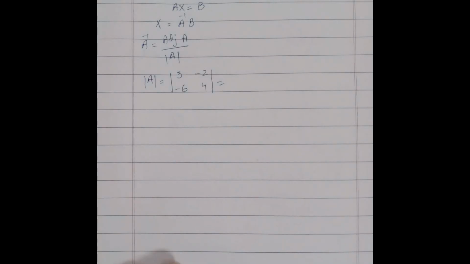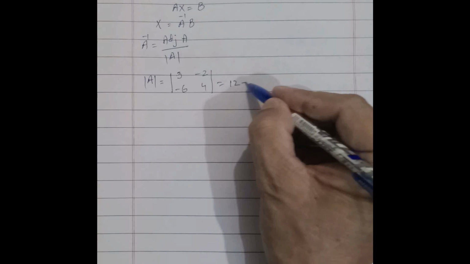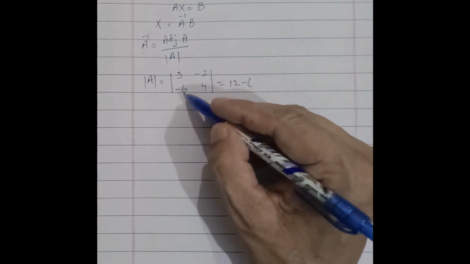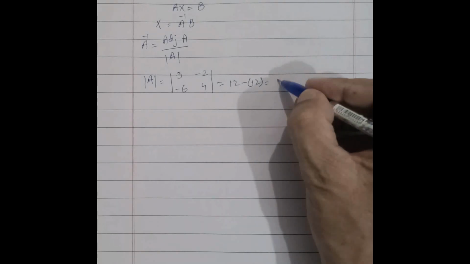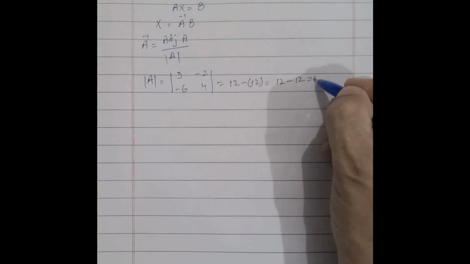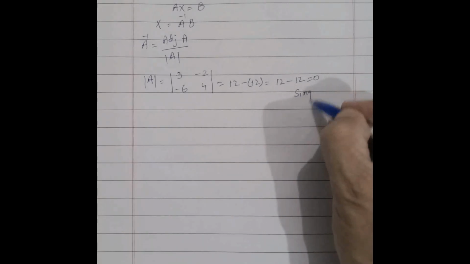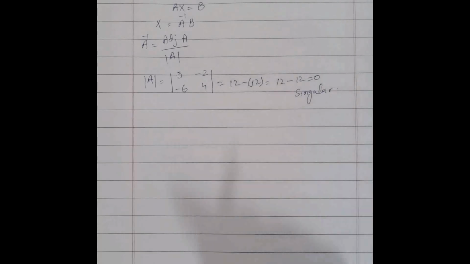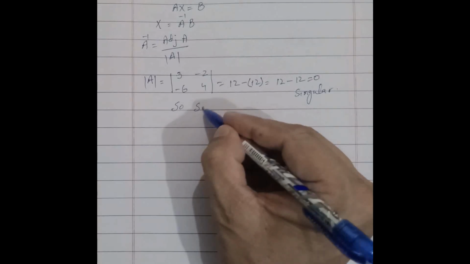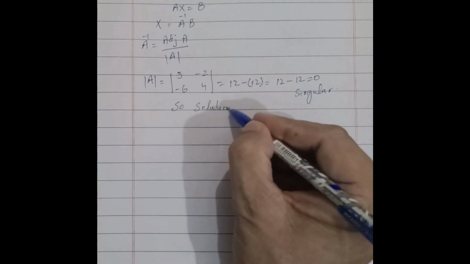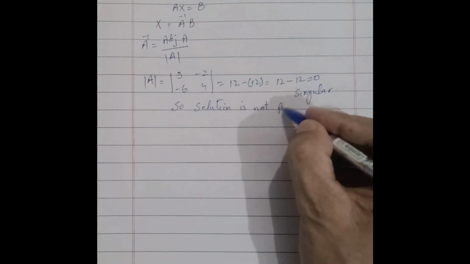The value of determinant A is 3 times 4 is 12, minus (-6)(-2), which is plus 12. Simplify it: 12 minus 12 is equal to 0, so it is a singular matrix. Solution is not possible.